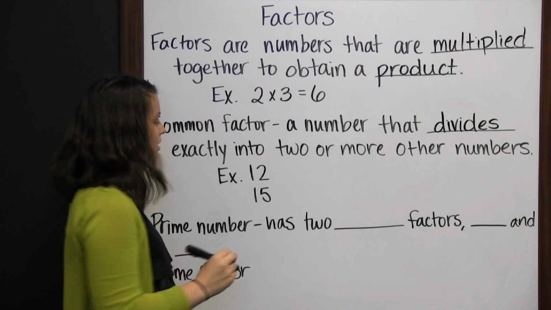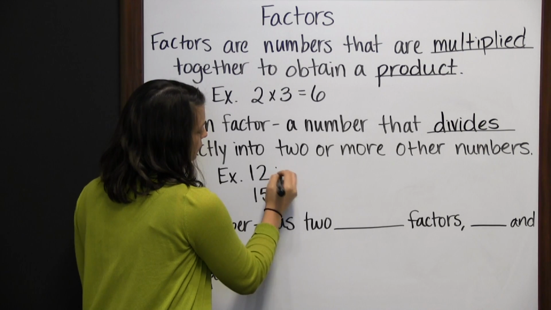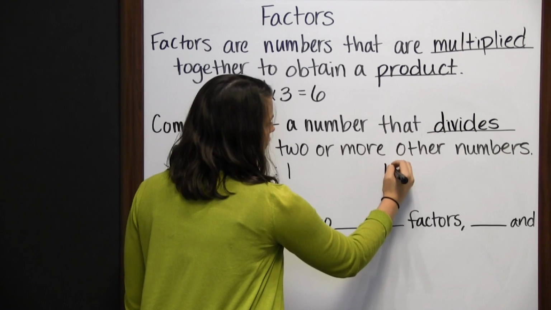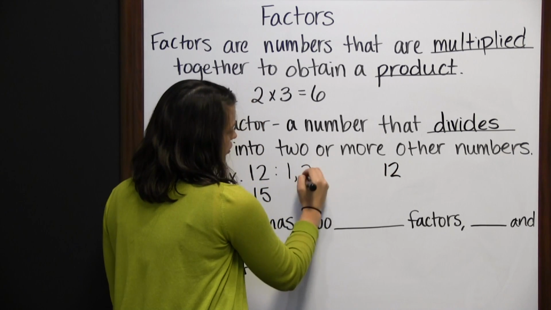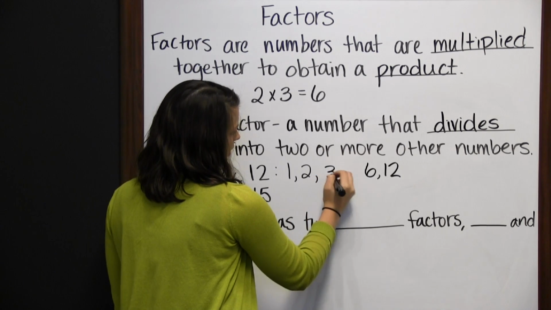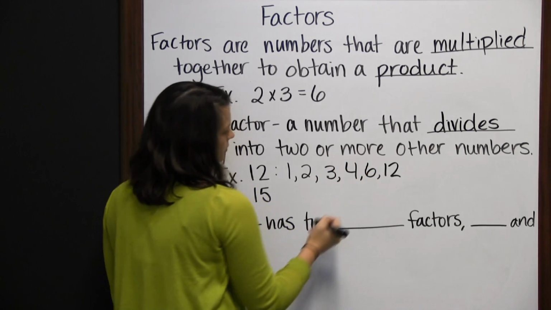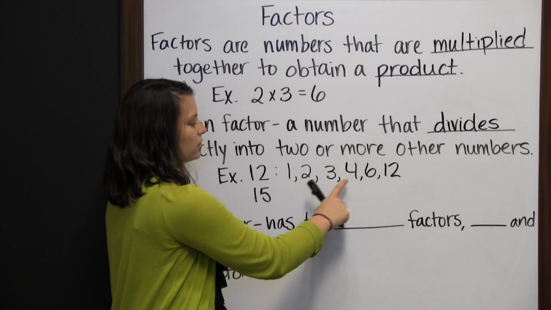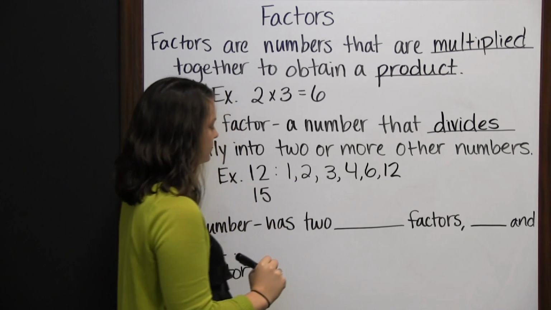For example, the factors of 12 are 1 times 12, 2 times 6, and 3 times 4. So the factors of 12 are 1, 2, 3, 4, 6, and 12.